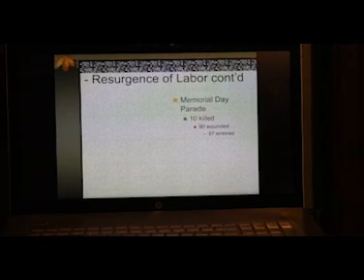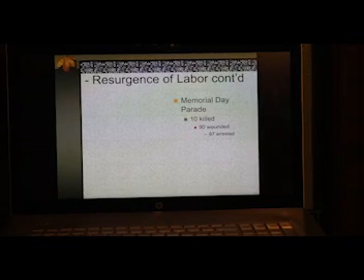Now, some of the strikes, however, turned violent. For example, in Chicago, at a Memorial Day parade in 1937, a rally of workers and their families was attacked, with 10 killed, 90 wounded, 67 arrested.